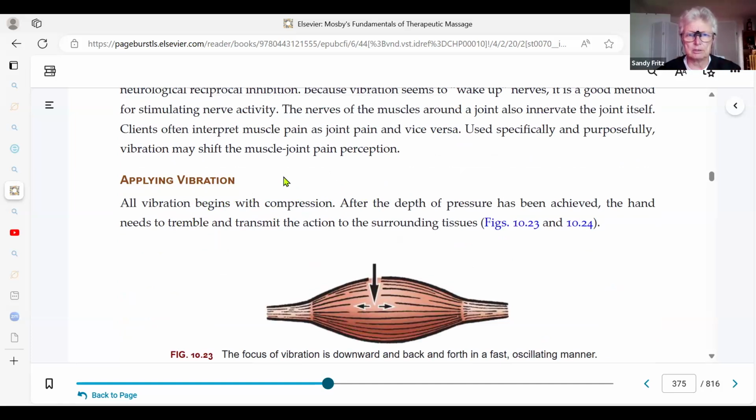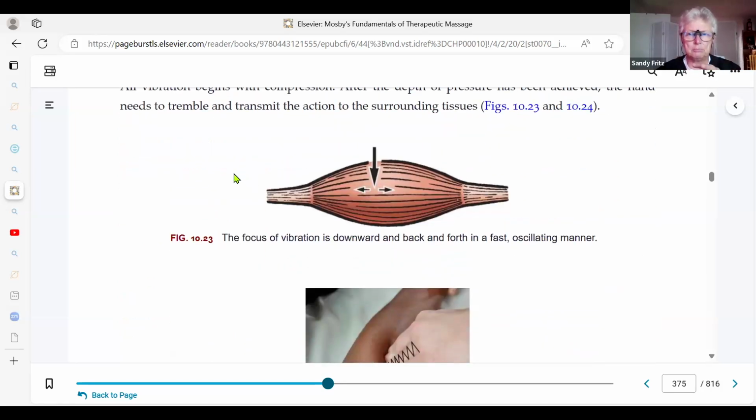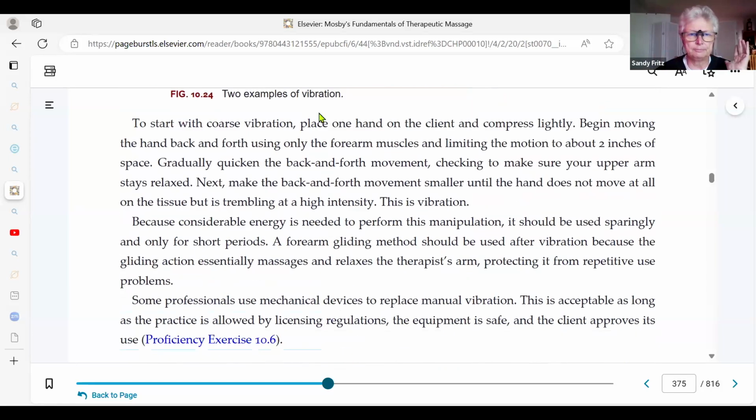Same with percussion. And so you need to make decisions. If this external device can do it better than I can, then the device may be the better choice. And most state legislation will say use of external and electrical devices that mimic what the hands could do.